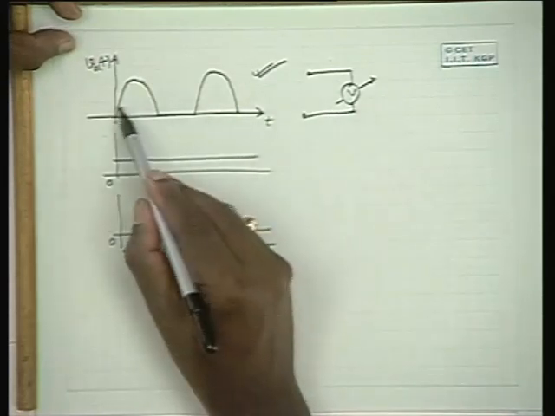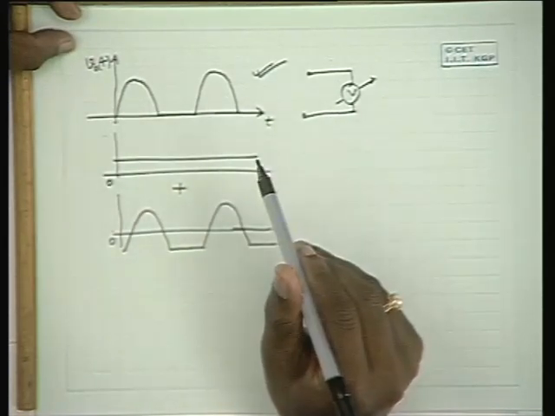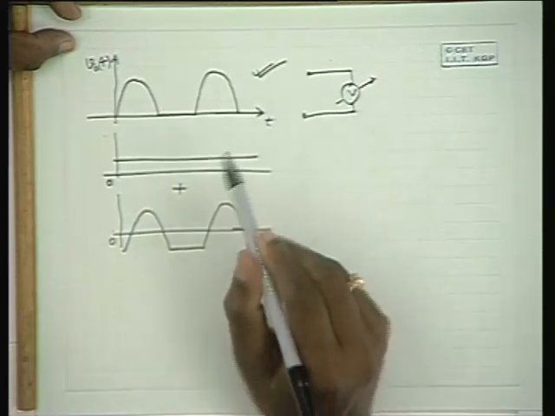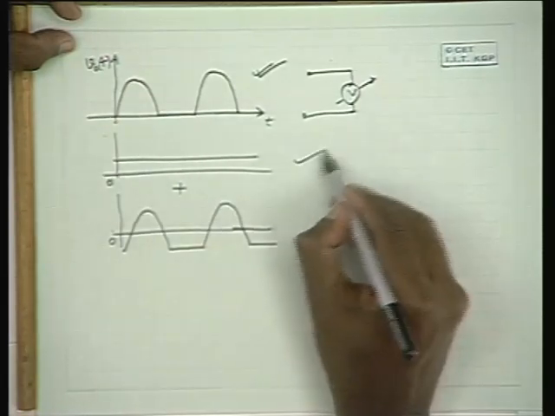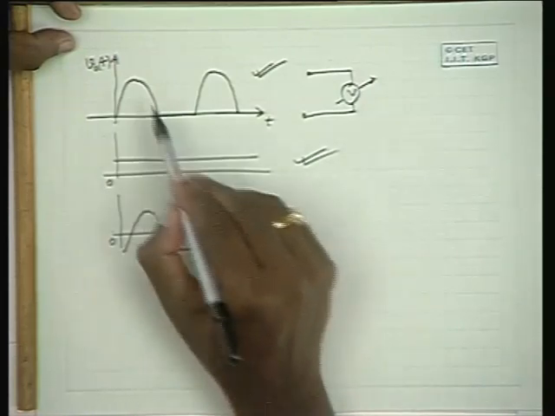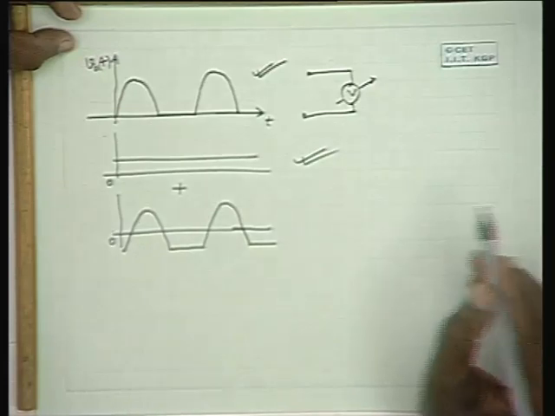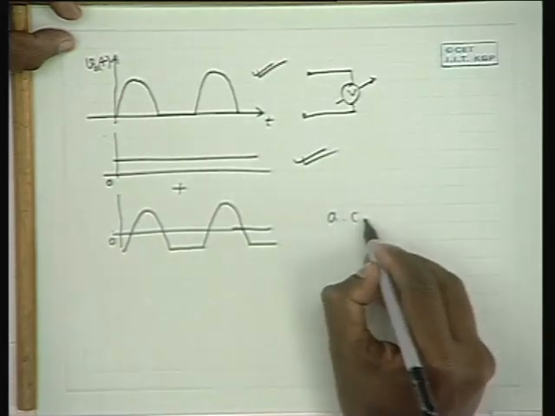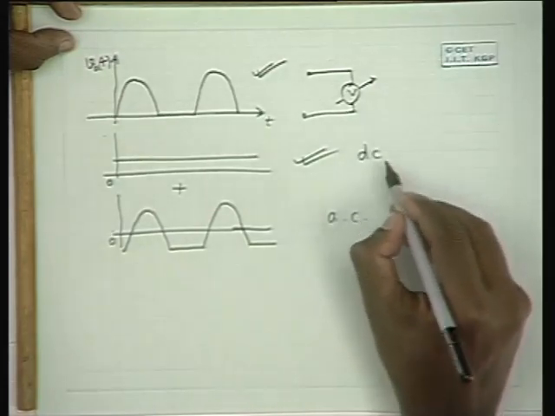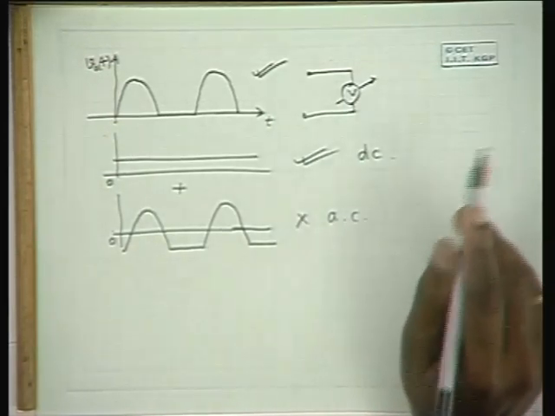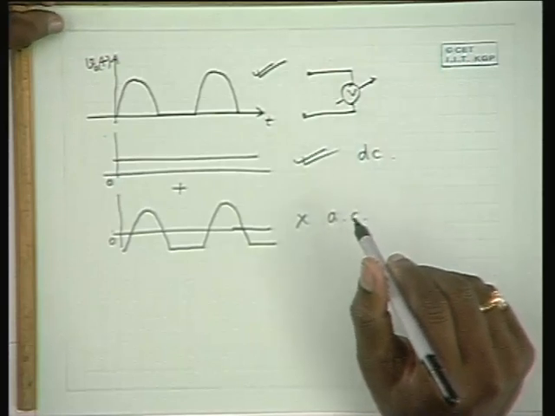A DC voltmeter gives you the average of this. So that is the DC component, and that is this one. It has an alternating component which goes positive and negative, that is this component. So this is the AC component. So, this is wanted and this is unwanted when you use this as a circuit element.